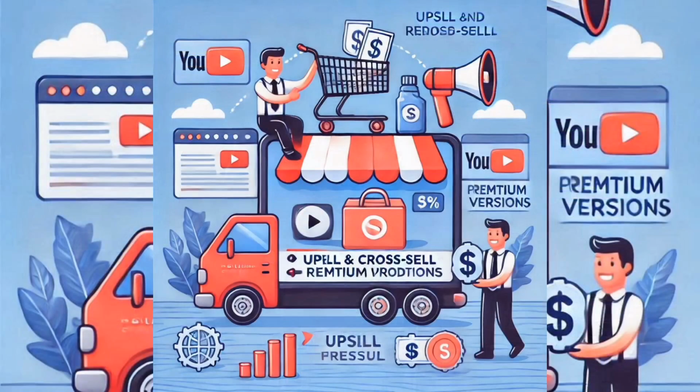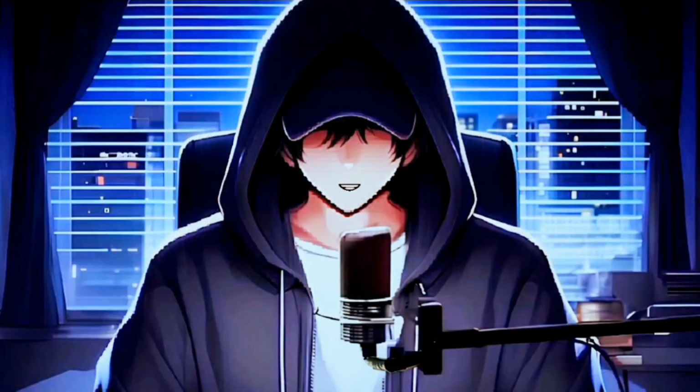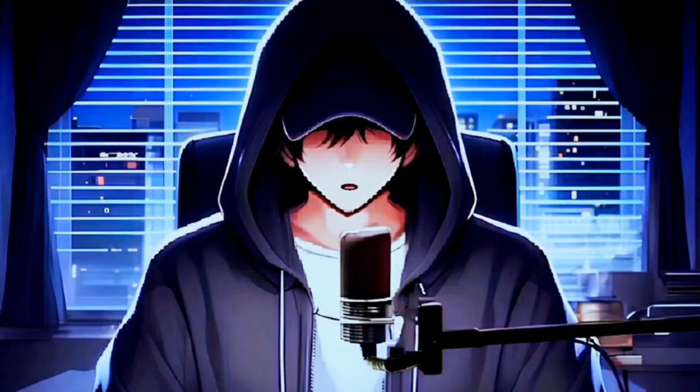Marketing your digital product: social media ads, email marketing, and YouTube tutorials. Step 1. Leverage social media. Use platforms like Instagram, TikTok, and YouTube to promote your product with engaging content. Share behind-the-scenes clips of you creating your product. Step 2. Build an email list.